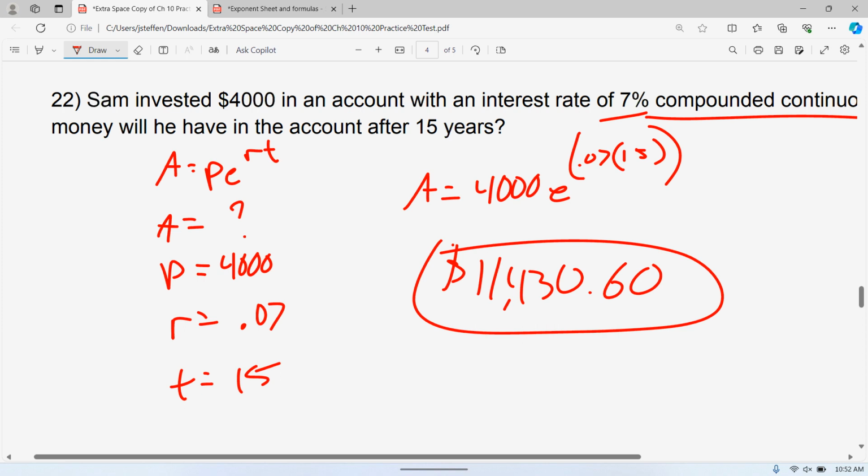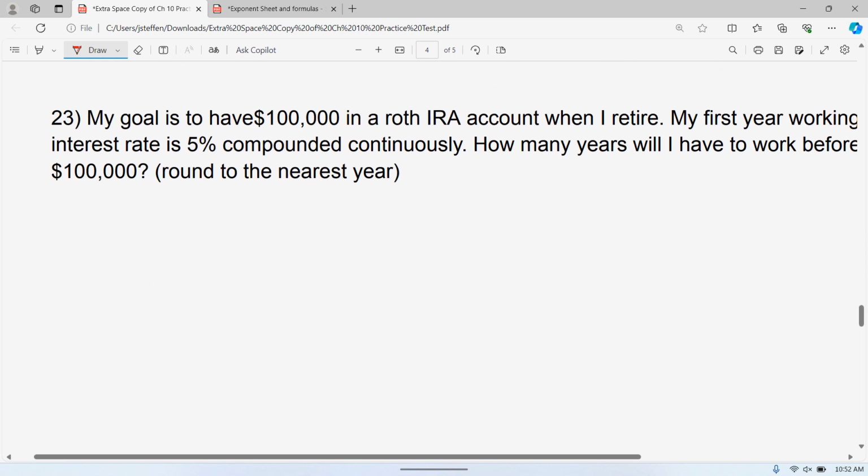The next one, blah, blah, blah, continuously. So again, we use the same equation: A is equal to P e raised to the rt. Remember, e is just a number. It's a button in your calculator. My goal is that, so that's my final amount.